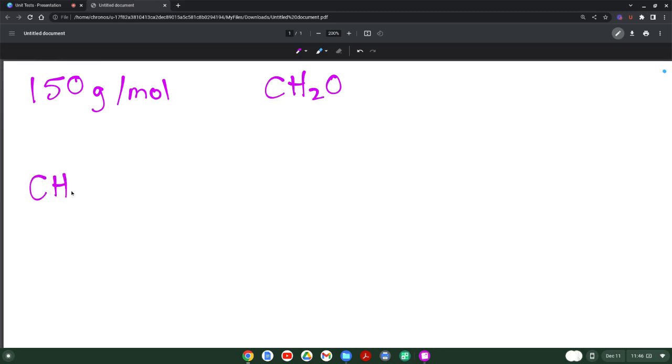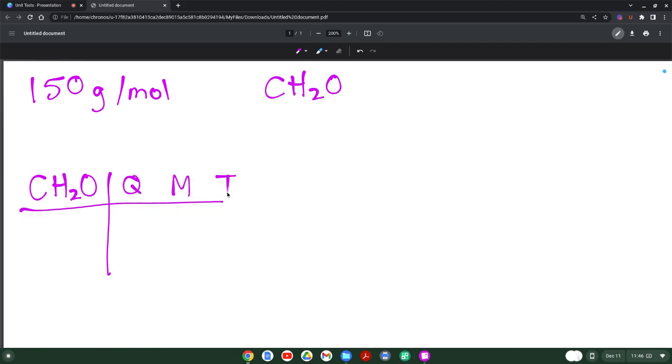Okay, I know that I have a molecular mass of 150 grams per mole, and I know that my empirical formula is CH2O. So what I want to do is take that CH2O and find out its molar mass, or do a QMT for it.